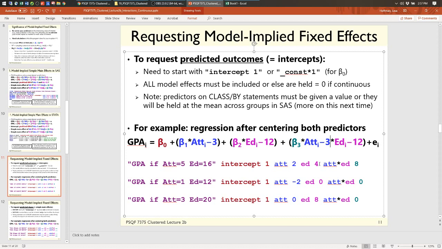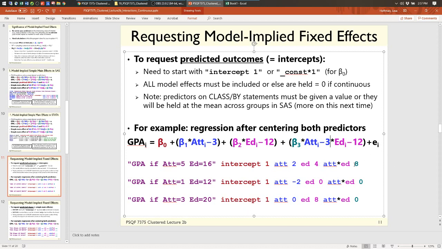So what these lines are asking for is alternative versions of beta 0 if we had centered these variables differently. Practically speaking, you don't think about it that way, but these are predicted outcomes. It's the same thing as asking for intercepts under a new strategy. Okay, does that help? Yeah. Okay, other questions?